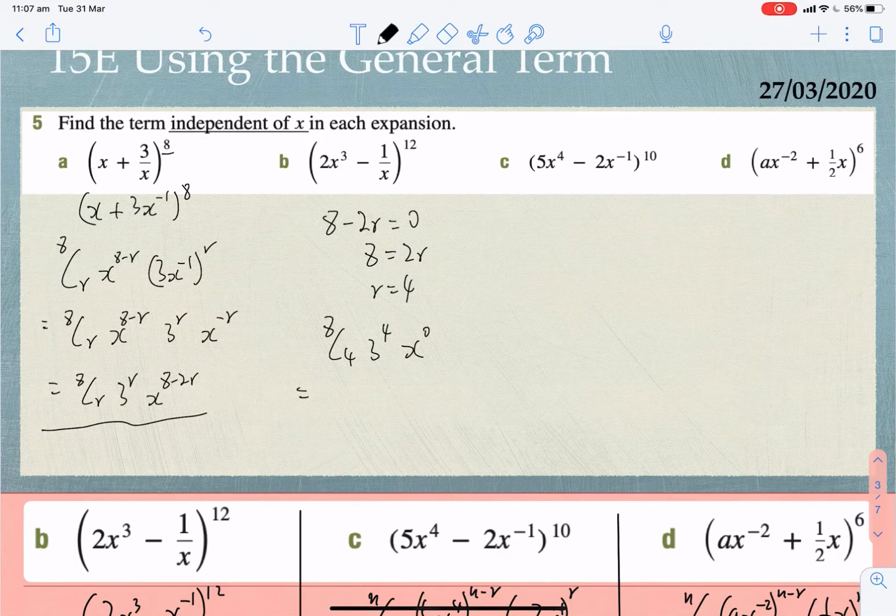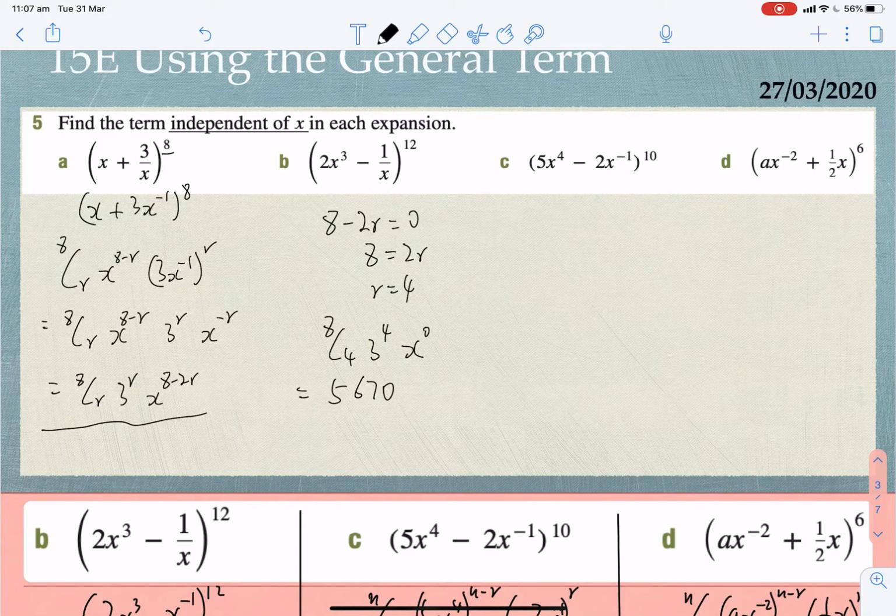So 8 choose 4 times 3 to the power 4. The answer is 5670. Simple.